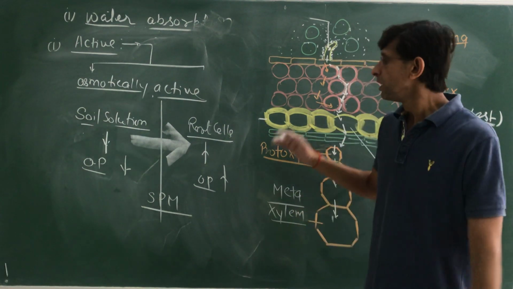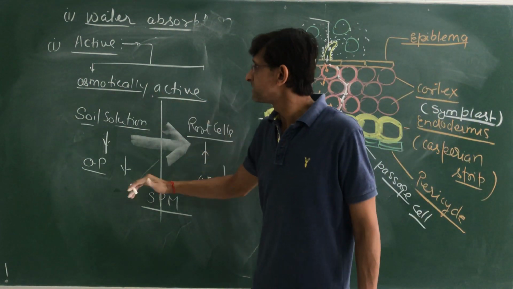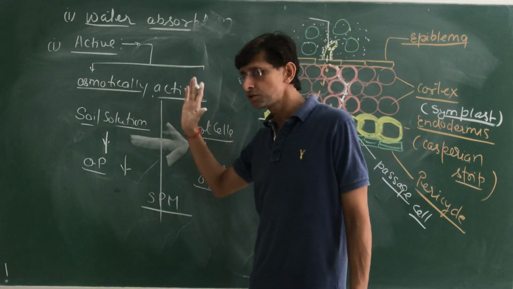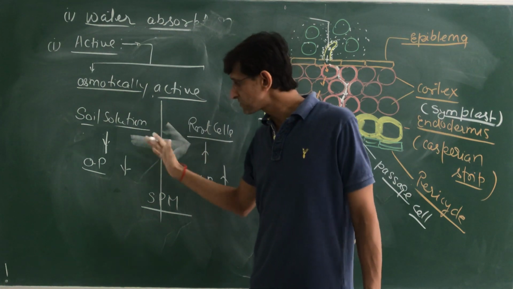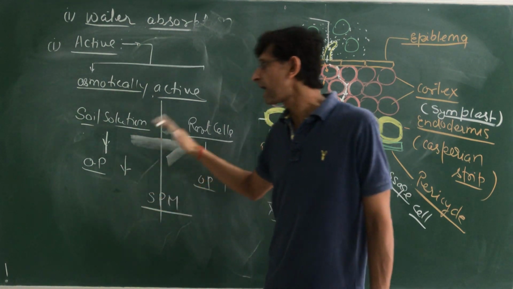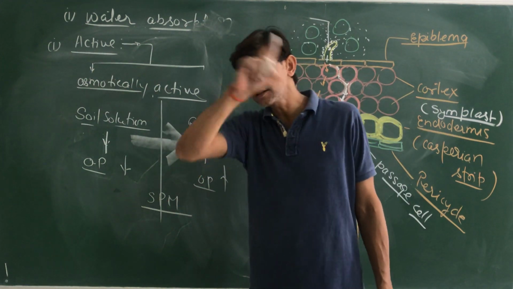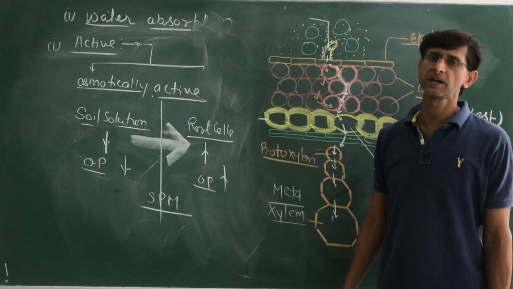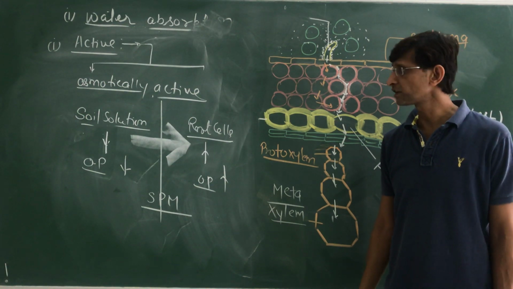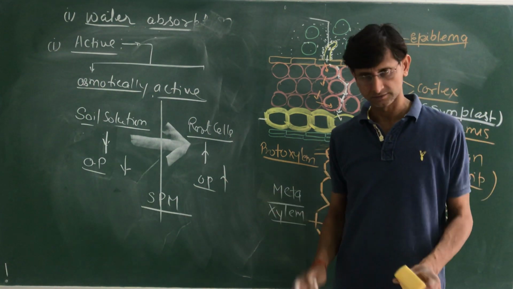So in this case, water enters into the root cell by the process of osmosis, and this process is called active because water enters directly into the cytoplasm of root cell. So this process is osmotically active.